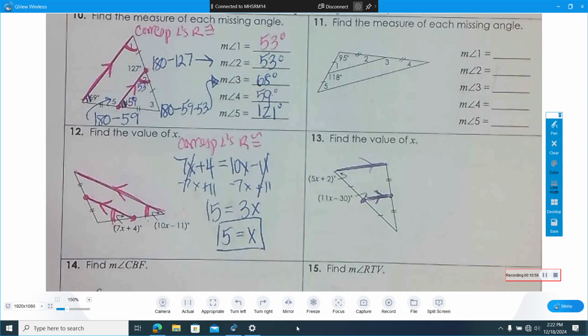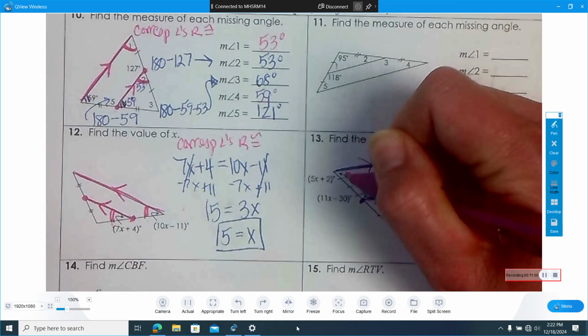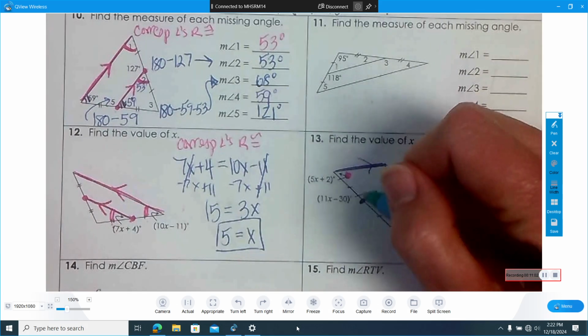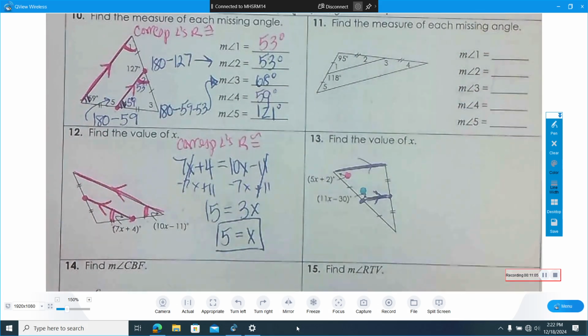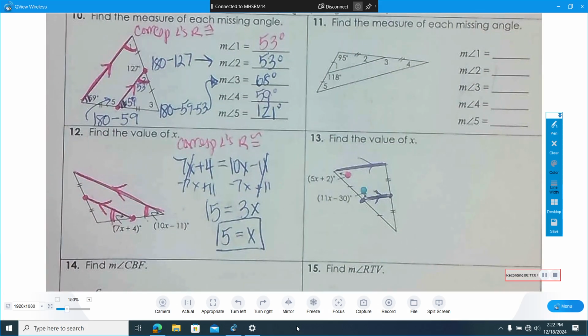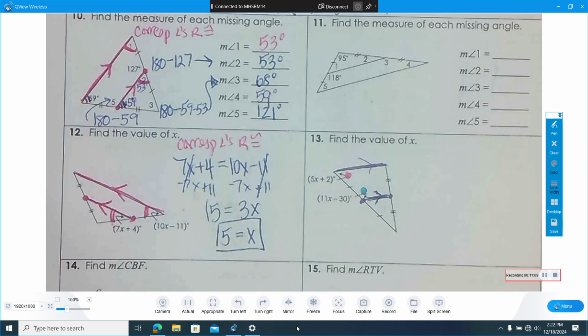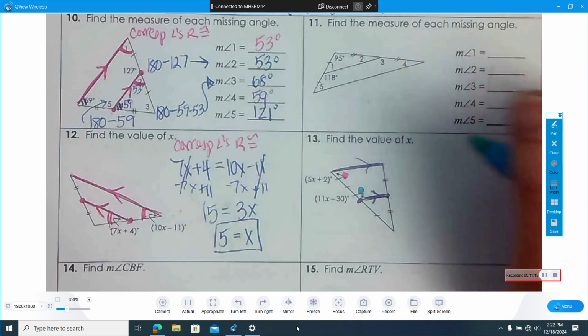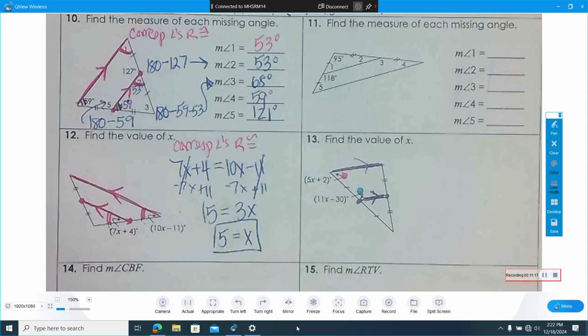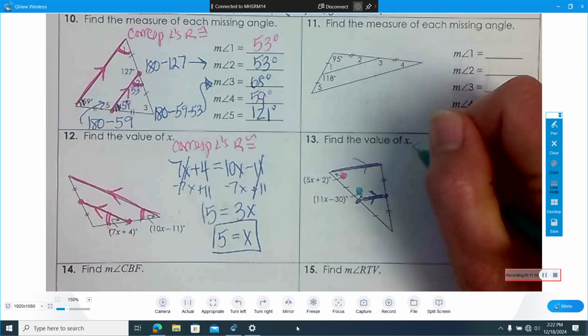So how are these angles related now? They're supplementary. Why? Same side interior. Yeah. Is that what you said before? Yeah. I just couldn't quite hear.